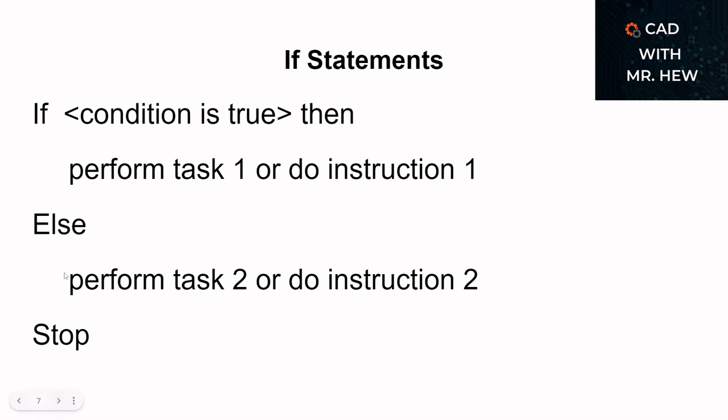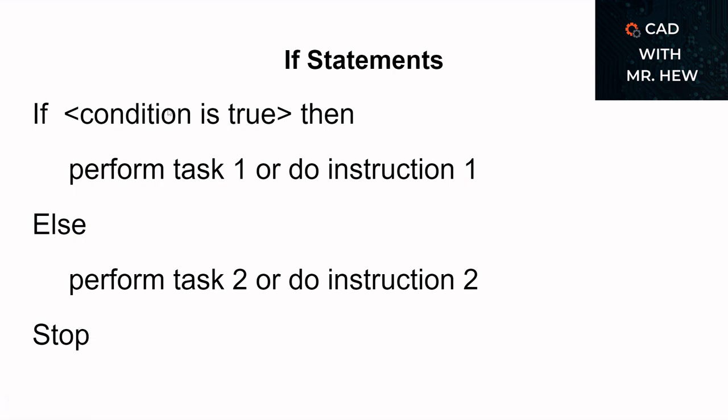So if the condition is false, the statement that says perform task 1 or do instruction 1 will not be executed. Instead, the else would come into play, and then perform task 2 or do instruction 2 will be selected in our program, and then the program will stop.